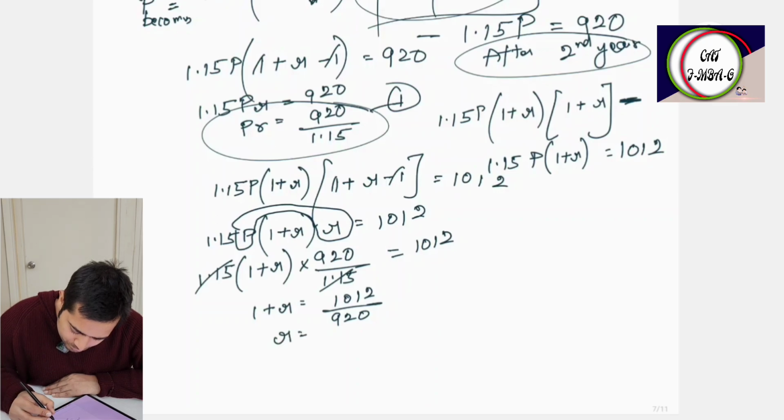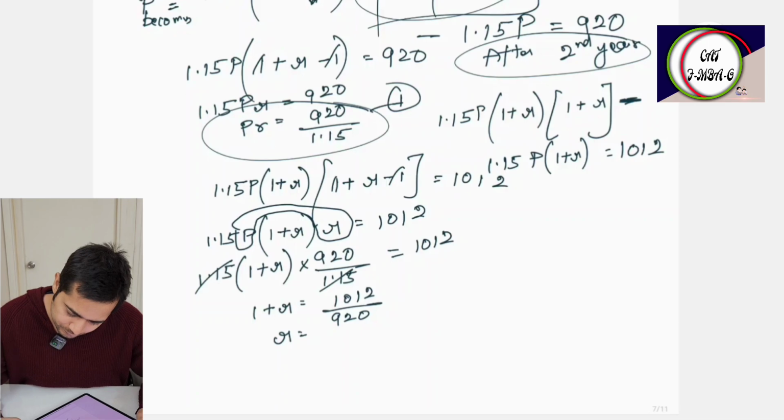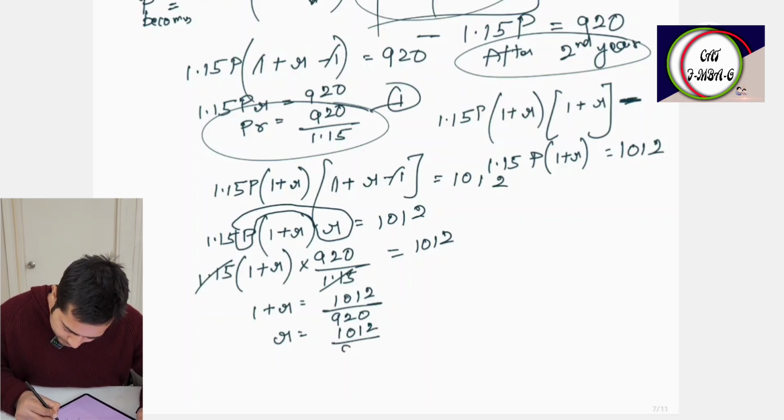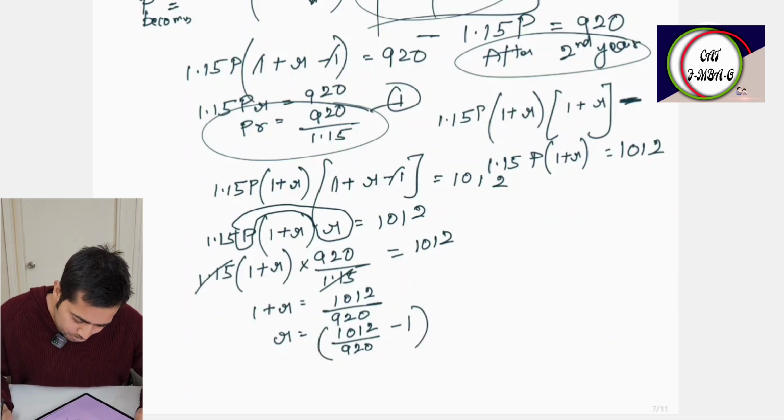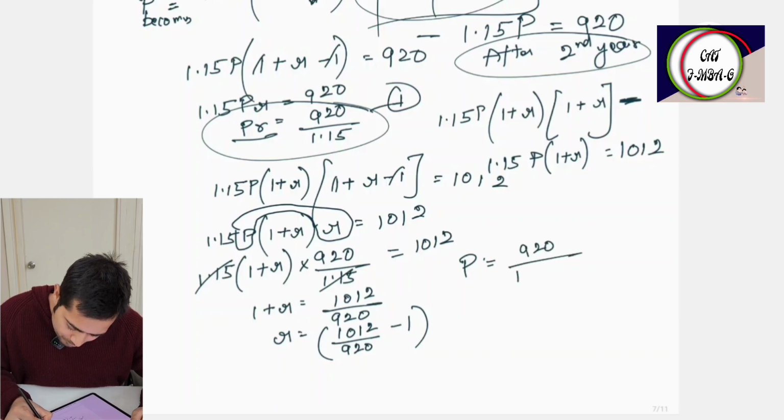R is equal to, you can use the calculators to solve this, or you can directly write 1012 by 920 minus 1. This is the value of R. Now we have to find the value of P. So P into R is equal to 920 by 1.15. So P is equal to 920 by 1.15 into 920 divided by 1012 minus 920.